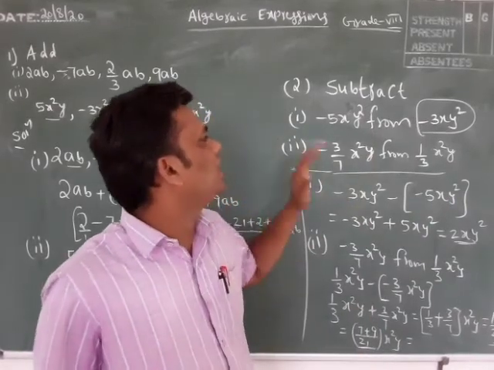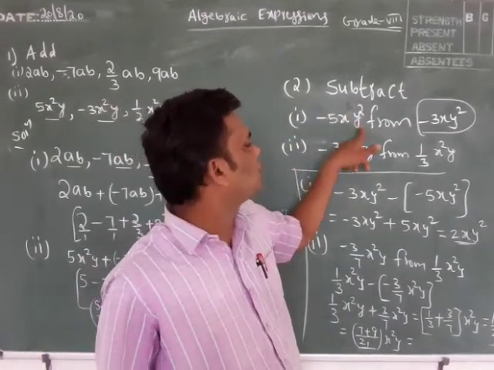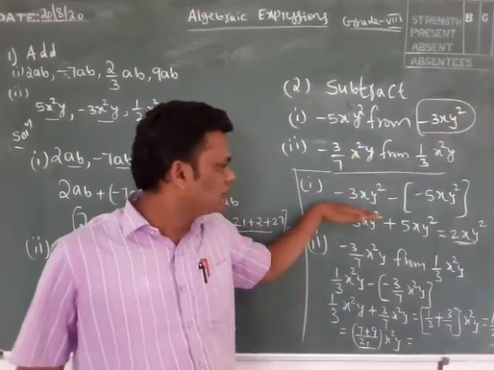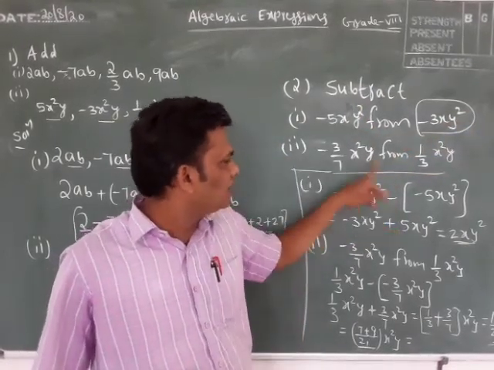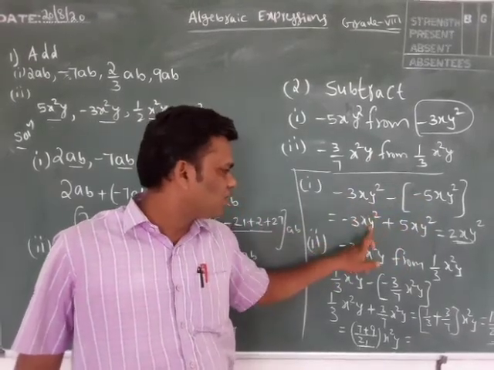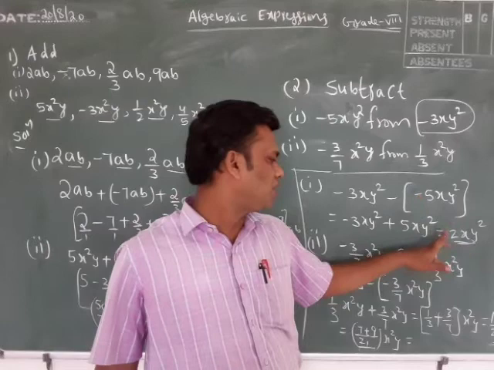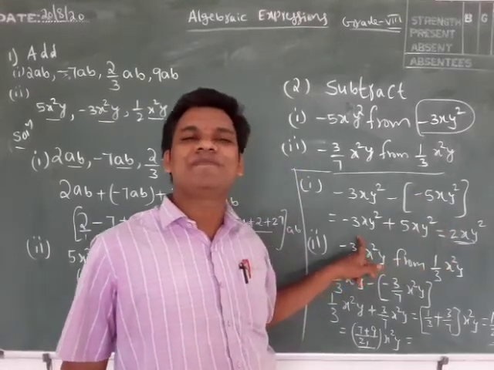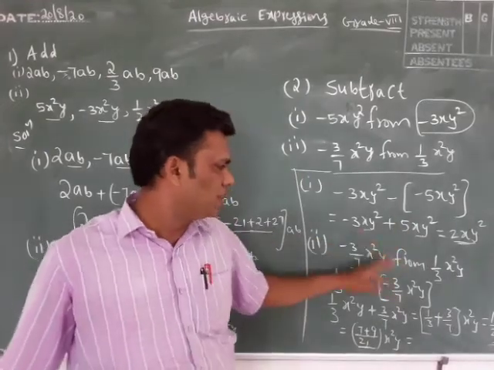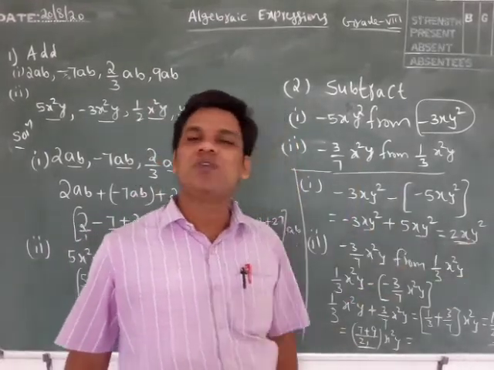So you observe here: subtract minus 5xy square from minus 3xy square means first we took this term, minus 3xy square plus 5xy square, plus 5 minus 3, means plus 2xy square.